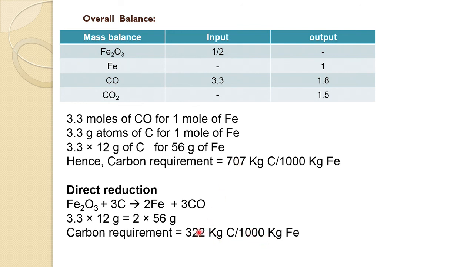So, looking at counter current indirect reduction and direct reduction, there is again a big difference in the coke consumption. This coke you can save. So, in one way, direct reduction is quite beneficial in terms of saving coke or carbon compared to indirect reduction.